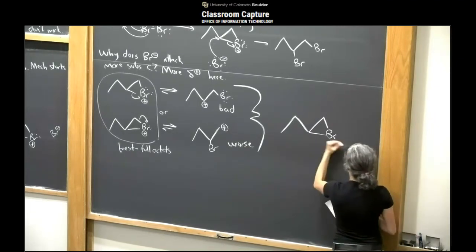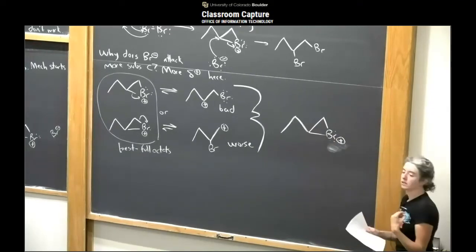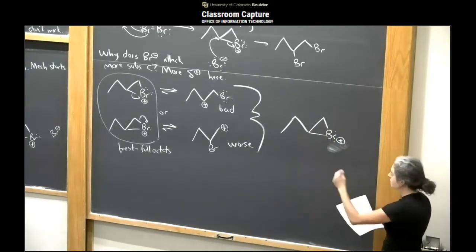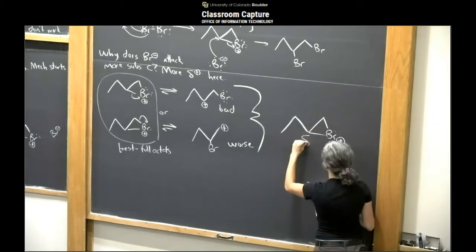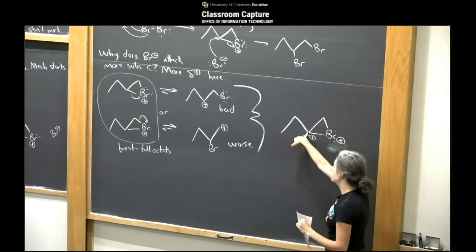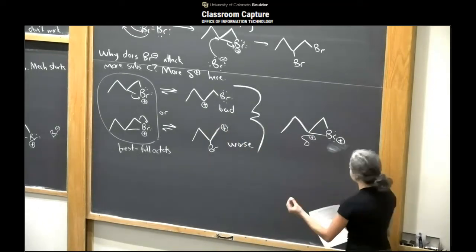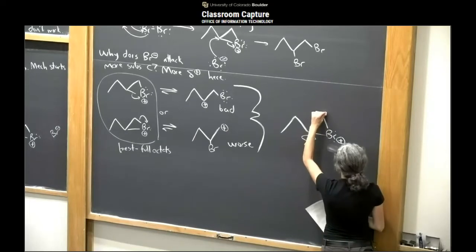So the bromine officially has the full positive charge for bookkeeping purposes, but you are going to have a little bit of delta positive on both carbons. And due to its better ability to carry the positive charge, this more substituted carbon is going to have a bigger delta positive than this one up here.